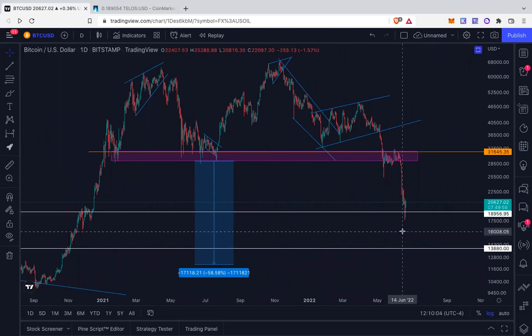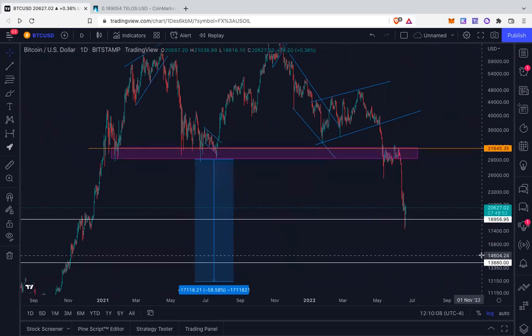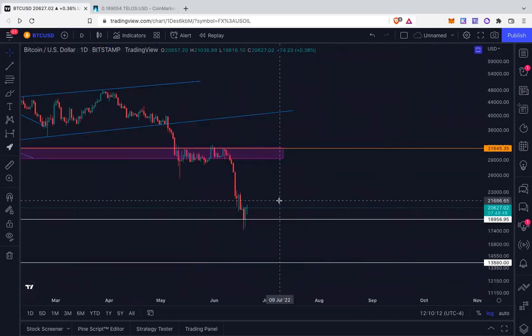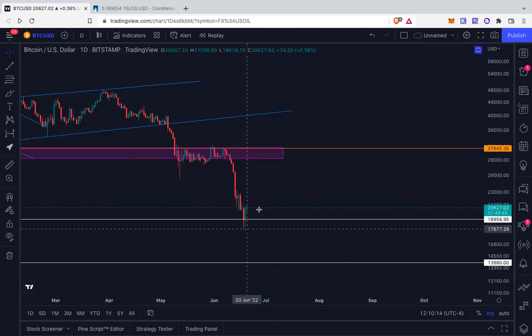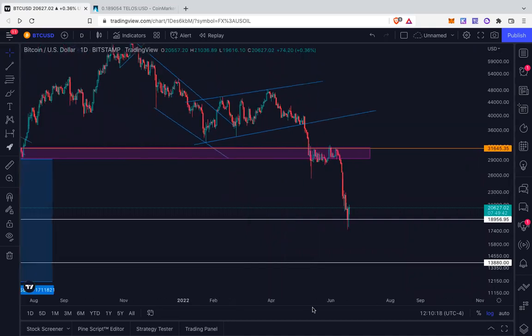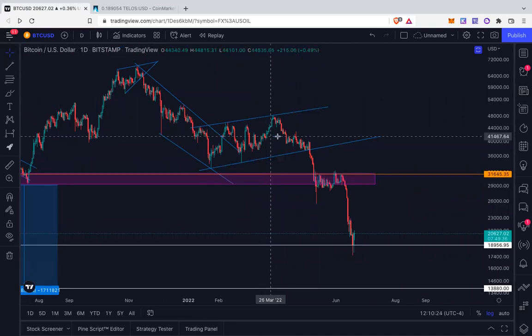I mean, it's just, people trade with their emotions, and nobody's wrong. They're always right. They don't know what they're talking about, but they're always right when it comes to investing and stuff like that. But it's just funny to me.